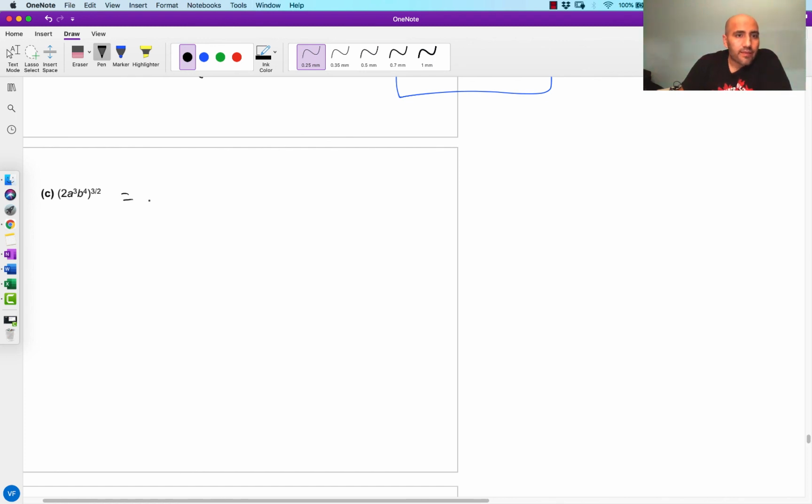We have that this is equal to 2 to the power of 3 over 2 times a to the third power raised to the power of 3 over 2, times b to the fourth power raised to the power of 3 over 2.